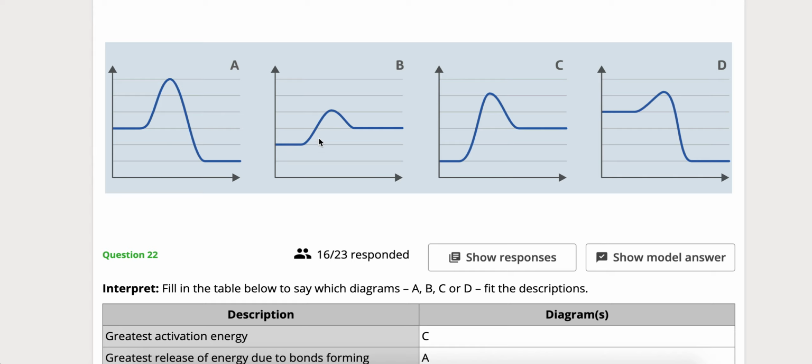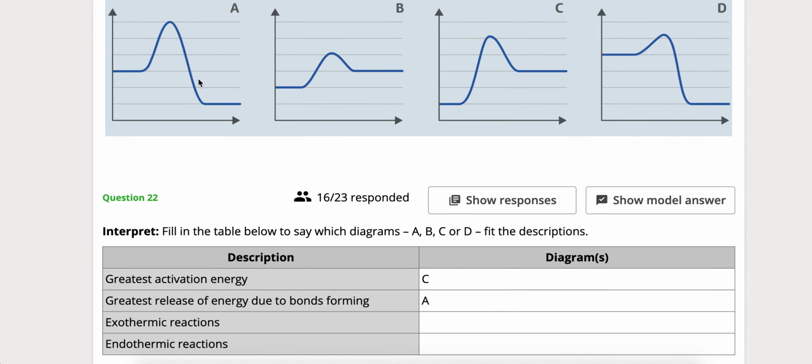This one starts fairly low, gets higher. This one starts low, gets higher. This one starts high and gets lower. So the basic trend of an exothermic graph can be seen from graphs A and D. So we're going to go ahead and go A and D.